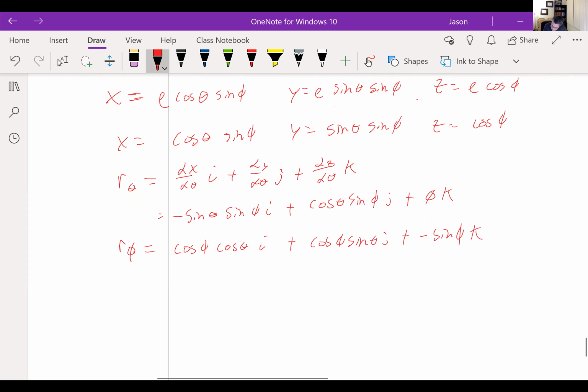Now we have to find the magnitude of the cross product. So let's cross r theta with r phi.